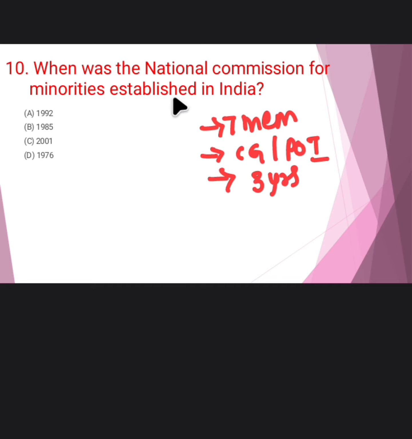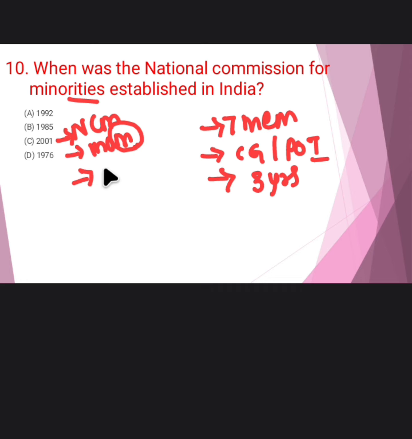In the constitution, there were safeguards mentioned for the minorities. We have a separate ministry for this; the NCM works under the Ministry of Minorities, because minorities have to be protected. There are some constitutional safeguards provided for these minorities.